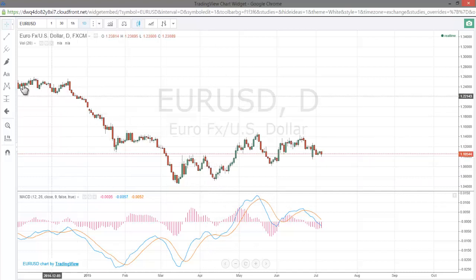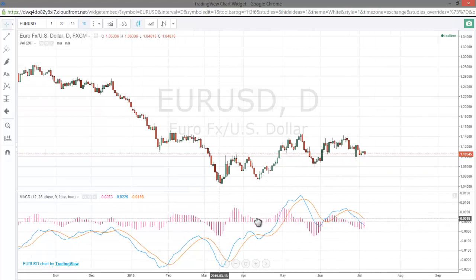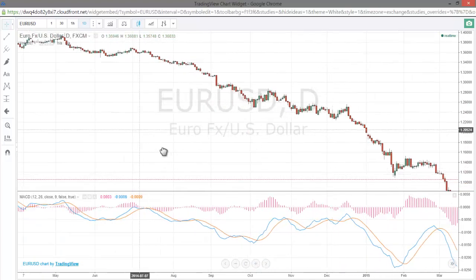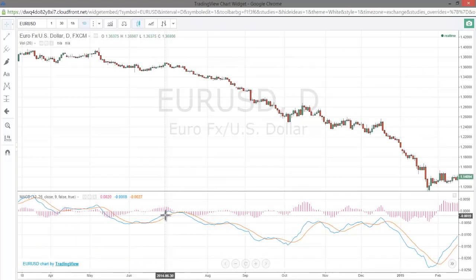If you look at the price, how it works, you can see these two lines are pretty much a representation of the price, really. It's just a bit more smooth, and you can see on a downtrend, these lines are always staying below the zero line of the MACD.